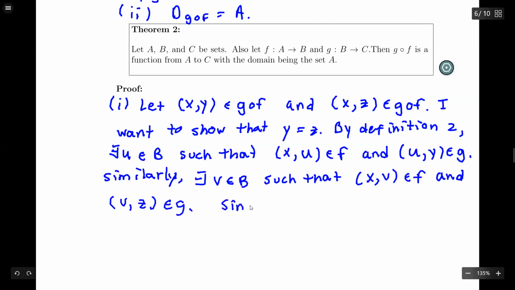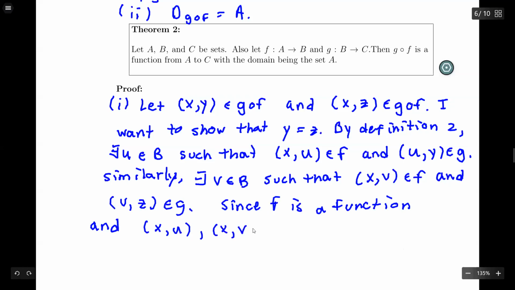So since f is a function, (x, u) and (x, v) are in f. We know u equals v, since f is a function, u must be equal to v by definition.